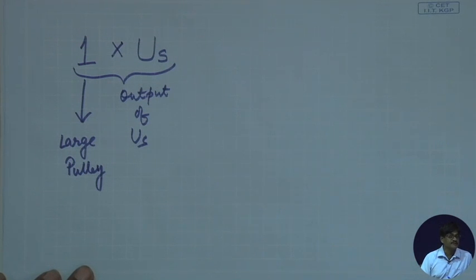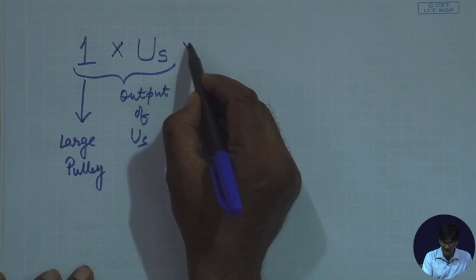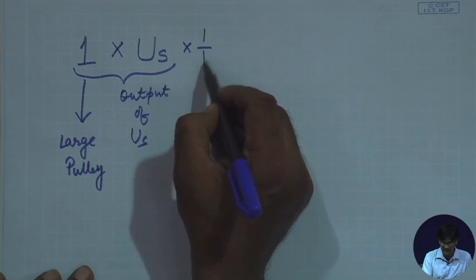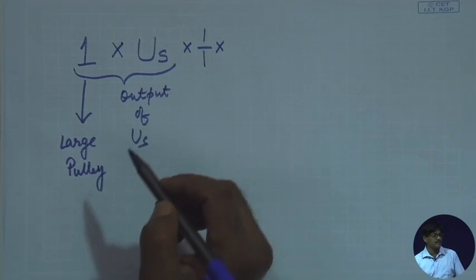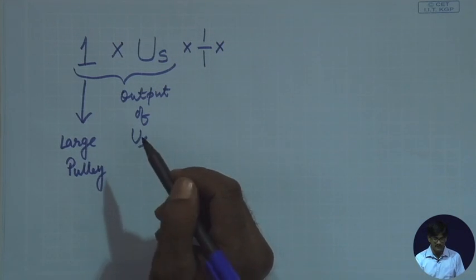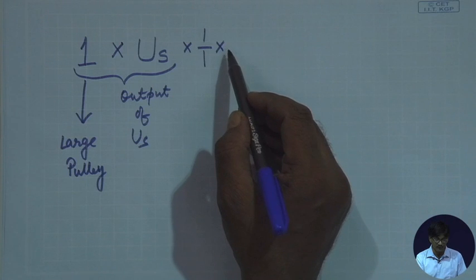So, after US, we pass through the bevel gear pair. So, we multiply 1 by 1, 1 is to 1. That actually, there is no need of doing that. Anyway, to keep track of the mechanisms which we go through, another 1 is to 1 will be there, and after that we pass through the worm and worm gear. In what way?